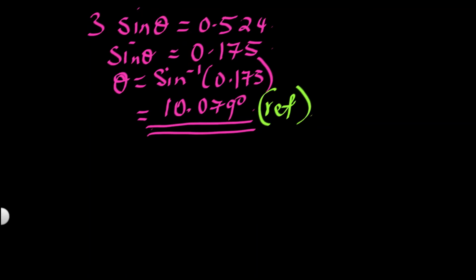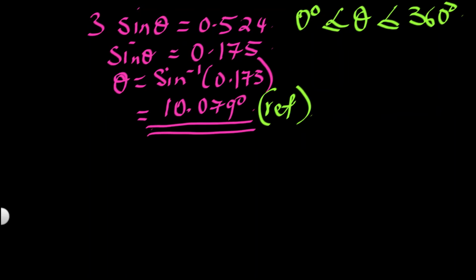However, it still falls in our range because they said here 0 degrees is less or equal to theta, less or equals to 360 degrees, which means our answer should be within this range. And our reference angle, it is a reference, but it is also part of the solution. Now the other angle, we're going to do our reasoning again. Where are we? Our sine theta is positive.